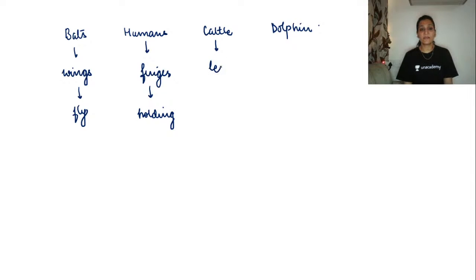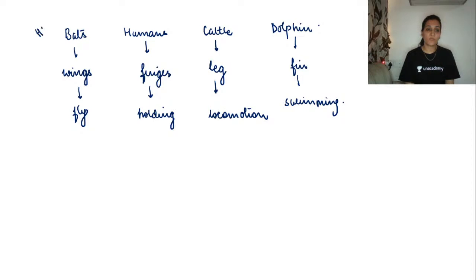Cattle have legs for locomotion. Then dolphins have fins for swimming. So this is about the homologous organs, right?